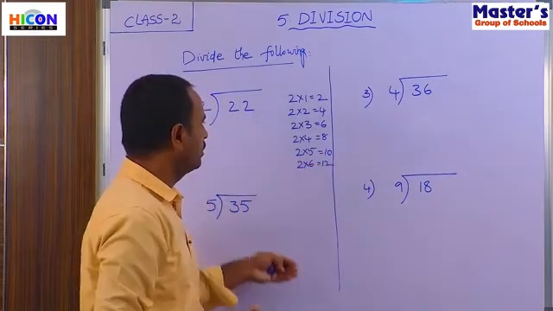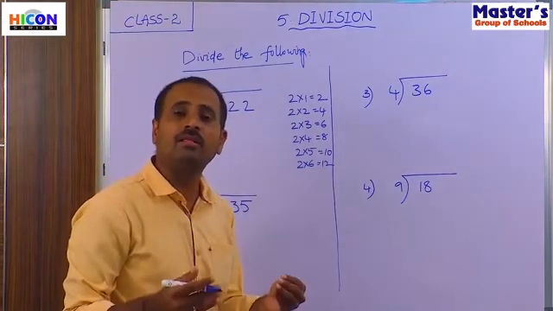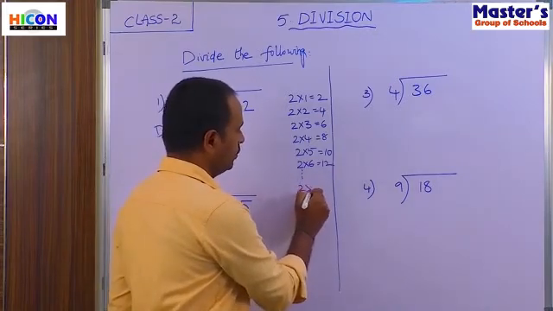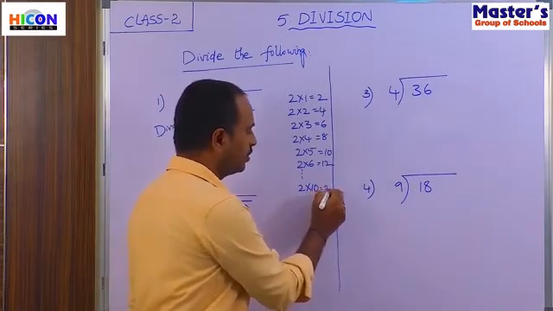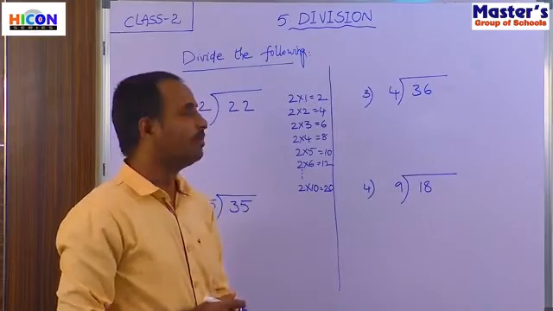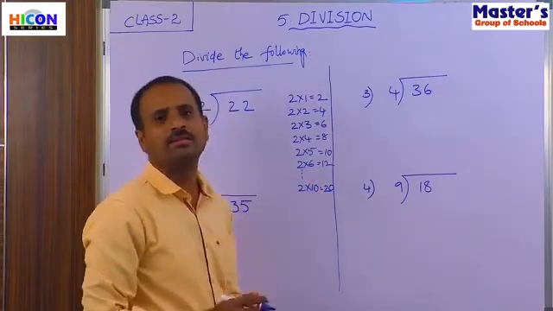So in this way, children, if you continue the second table, we have learned all the tables up to 10. That is, 2 tens are how much? 2 tens are 20. But we have the number 22 here, and we have learned only up to 2 tens are 20.